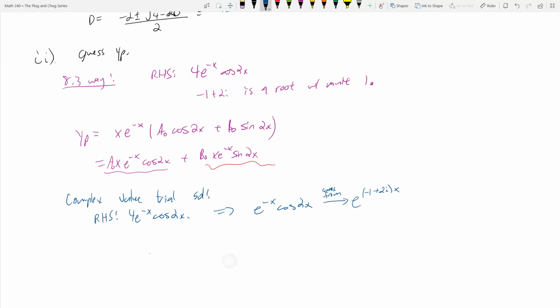Because remember, e to the a plus bi x is equal to e to the ax times cosine bx plus i sine bx. So in our case, e to the negative 1 plus 2i x is equal to e to the negative x times cosine 2x plus i sine 2x, right?